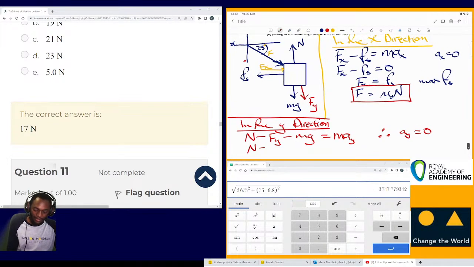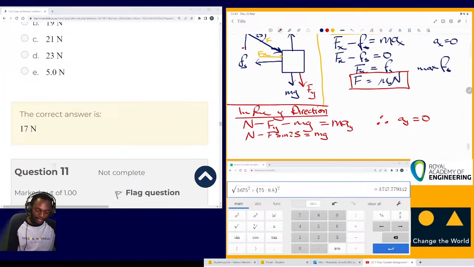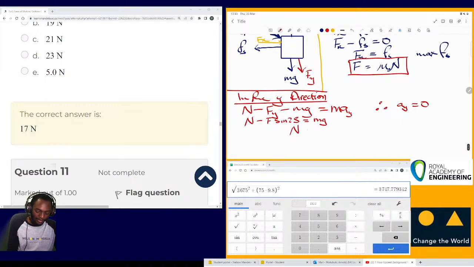So it's going to be F sine 25 degrees. F sine 25 equals mg. So our N, which we are interested in, is mg plus F sine 25. So we now have two equations.